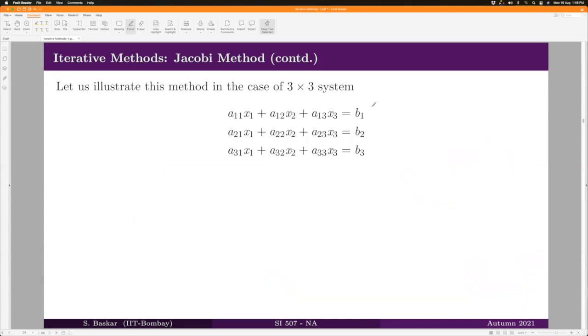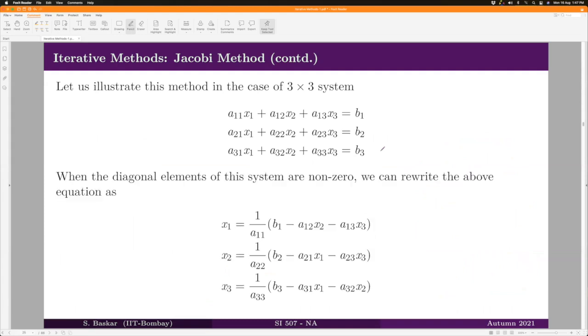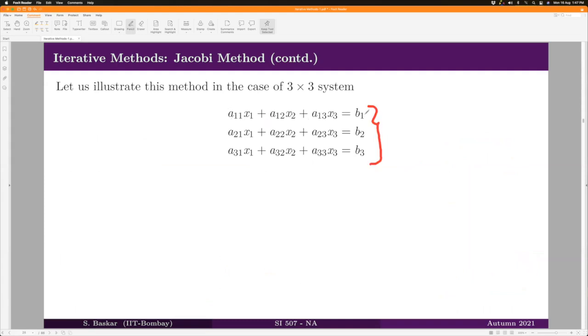So let us consider this 3x3 system, which is not necessarily a diagonal system. Now, what you will do as a first step, you will keep all the diagonal part on one side and push the non-diagonal part on the other side. That is, in the first equation, you keep a11 x1 on one side, push the rest all on the other side: b1 minus a12 x2 minus a13 x3, right?